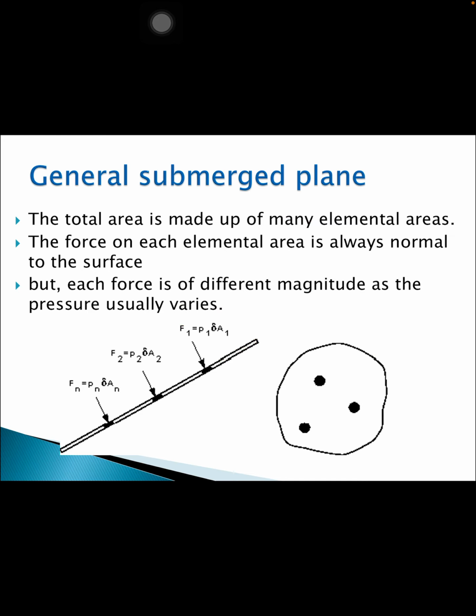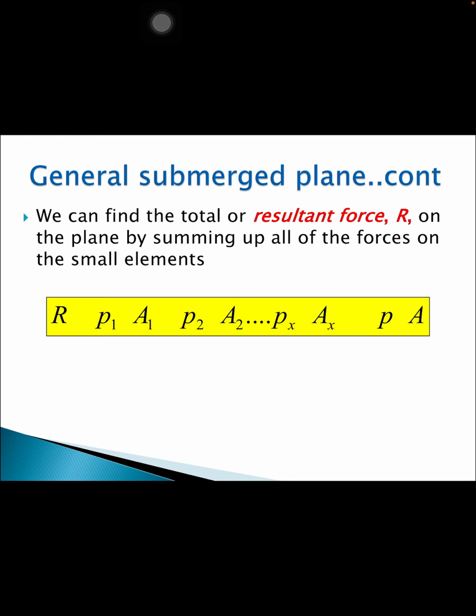But when we go to the object, we have the area. This is the general submerged plane, where the total hydrostatic force is the sum of all the forces at different points. So it can be defined as the resultant force.